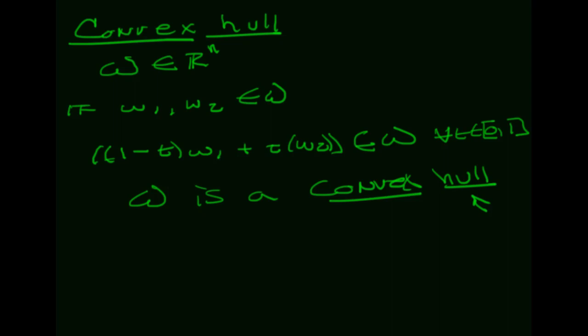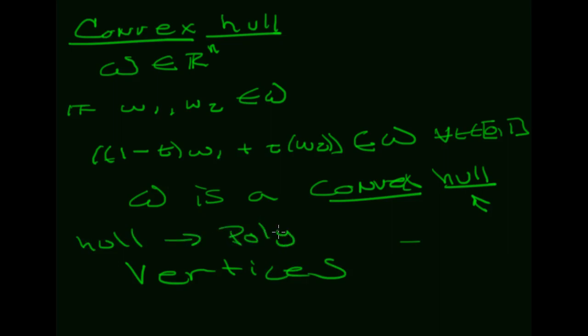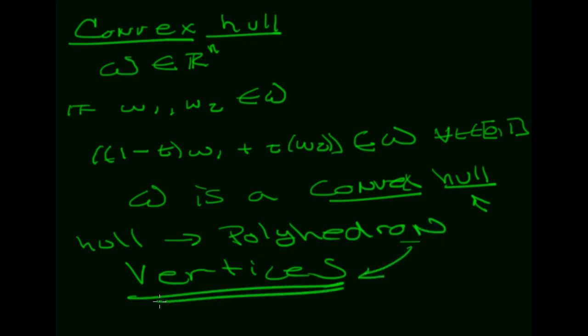Then where the planes intersect gives me an edge, and where the edges intersect gives me what are called vertices. So if the hull is a polyhedron, where its edges intersect, we call those vertices.